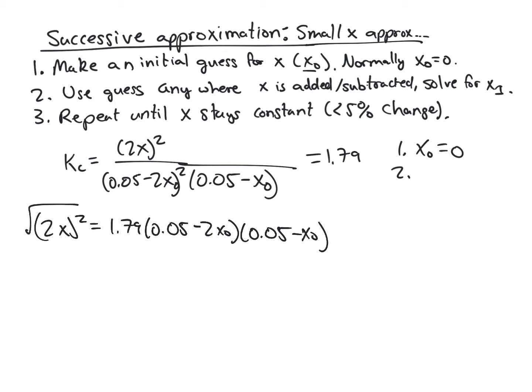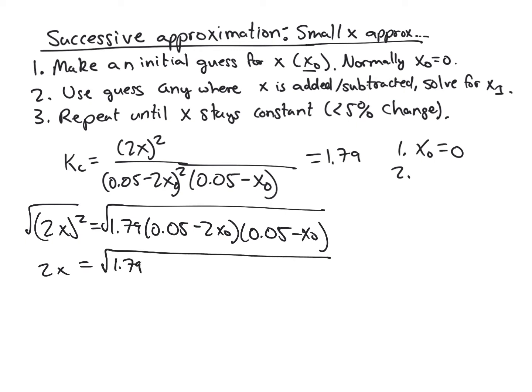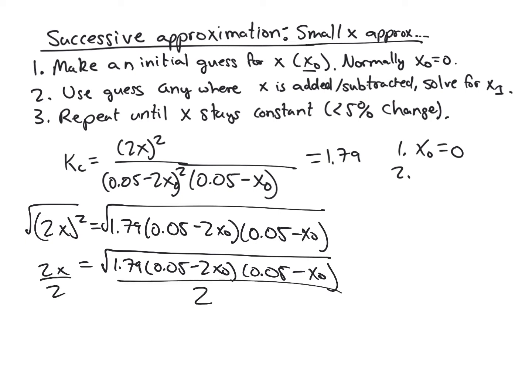We can take the square root to get rid of the square on the left-hand side, and then we'll divide by 2. So we have 2x is equal to the square root of 1.79 times 0.05 minus 2x0 times 0.05 minus x0, and we'll divide that by 2. And that gives us our new value of x.